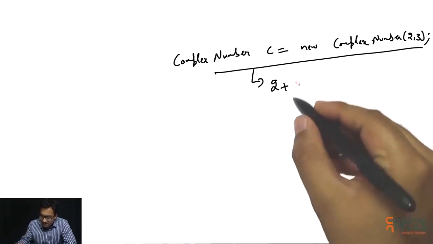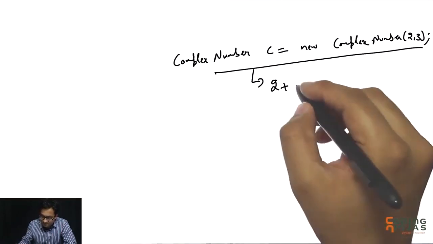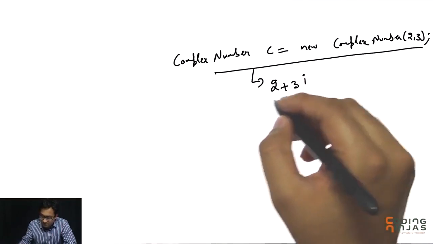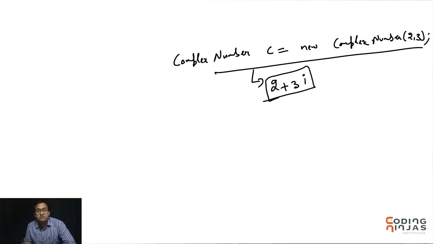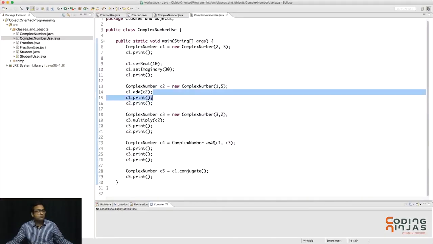So this will basically represent 2 plus 3 iota. And we'll build some operations like the way we build on fractions, we'll build some operations on complex numbers as well. Okay, great. So I will not be writing the complete code for this, but I'll show you what you need to do.